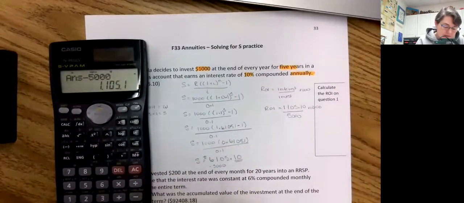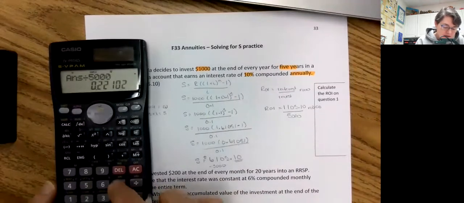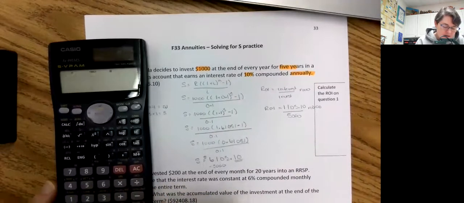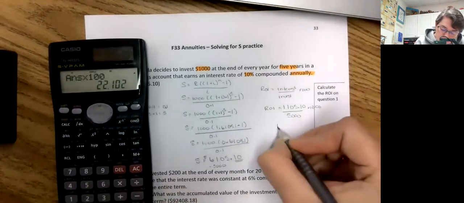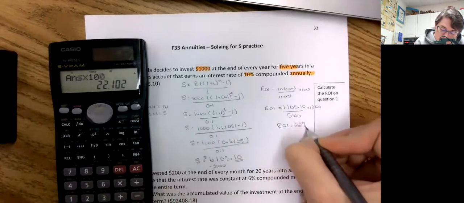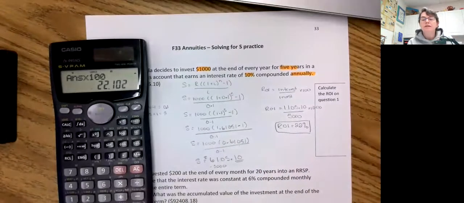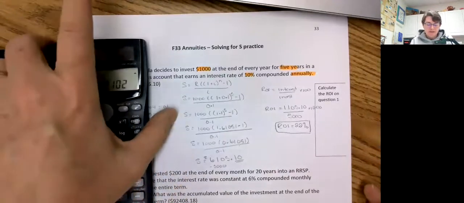Now I'm going to divide that by 5,000 and multiply by 100. All right. So there we go, 22% return on investment.